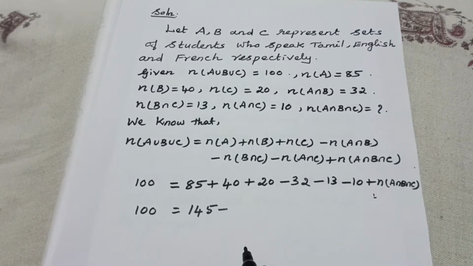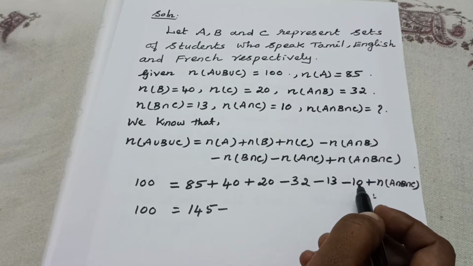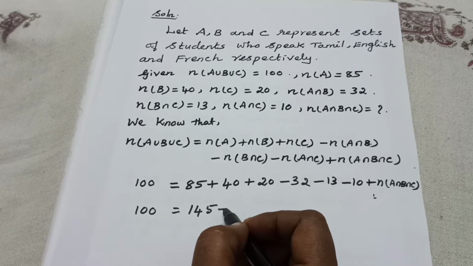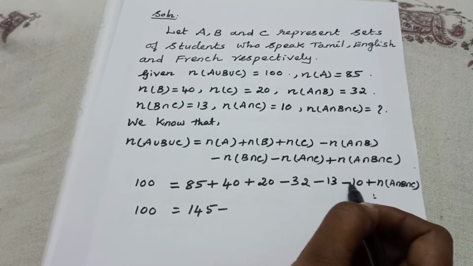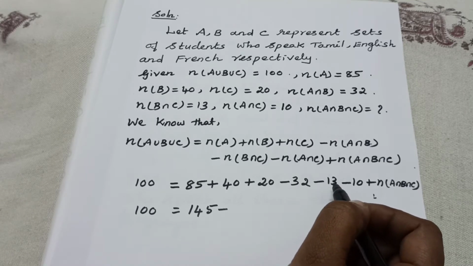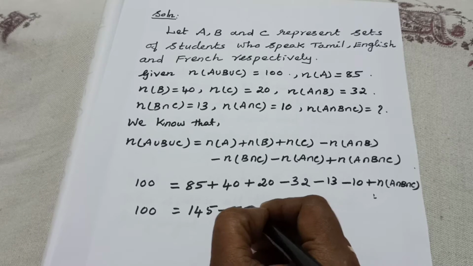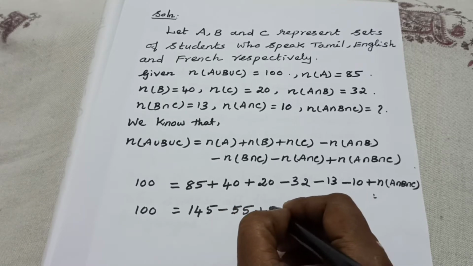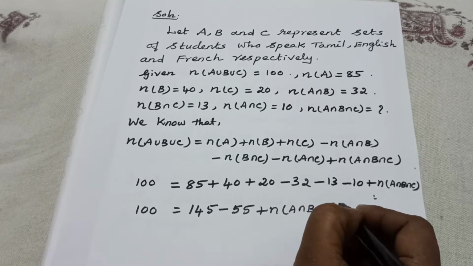We take the common minus sign and add the three values. 32 plus 13 is 45, plus 10 is 55. Then plus N of A intersection B intersection C.